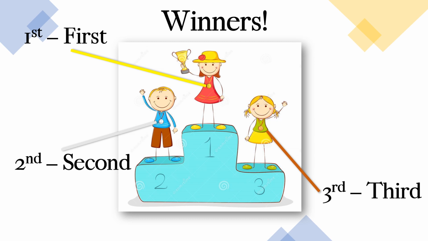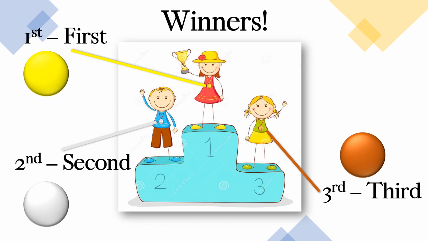Okay, here are the winners. In sport, we use ordinal numbers to say who the winners are. So if it was a running race, there will be a 1st, 2nd, and 3rd. 1st is the winner.